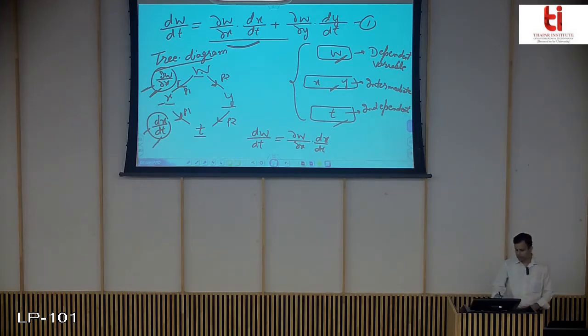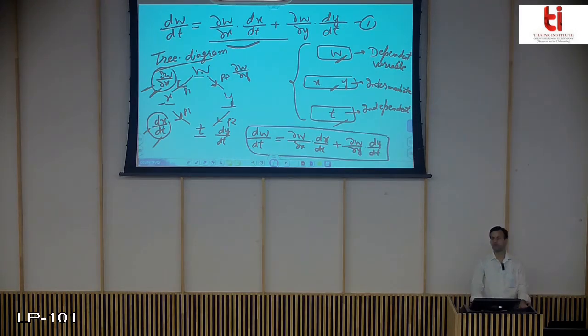Now you consider the second path. You can see here del w by del y, branch 1 of path 2, and this is branch 2, dy by dt, of path 2. So multiply these and add to the first term: multiply del w by del y and dy by dt. So this is the required form from your tree diagram.